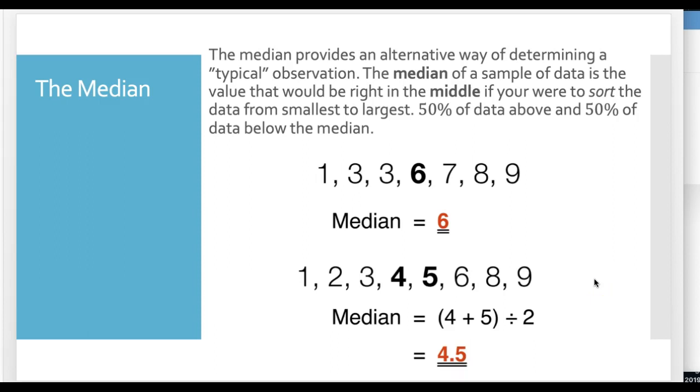When you have an even number of observations, the median is going to find the middle two. Really the middle is right here, because there's 4 here and 4 down here. So the middle is here, but there's no number here. So what we do is we look at these two here and we take the average of the two, and that will give us the median of 4.5.